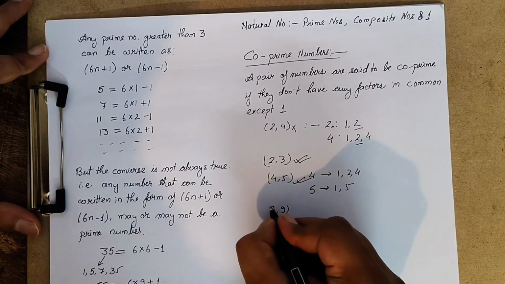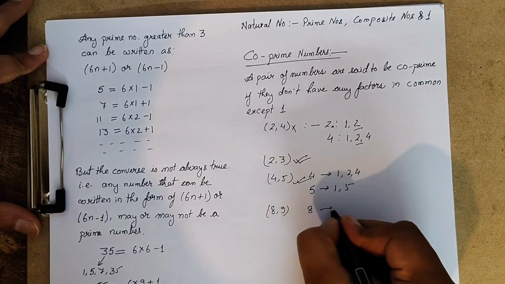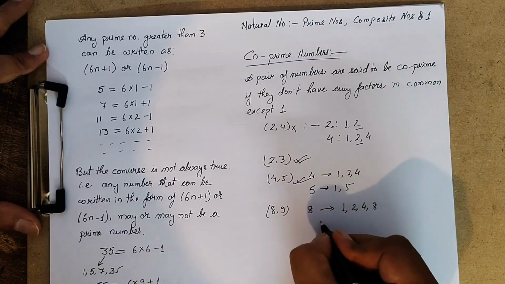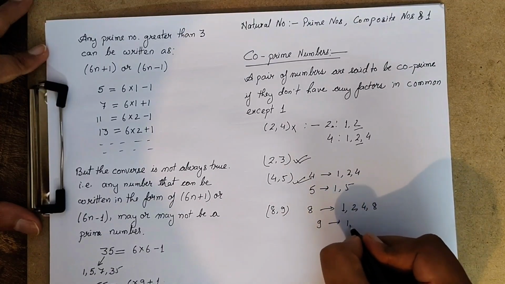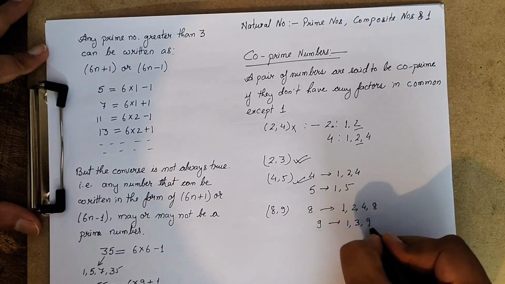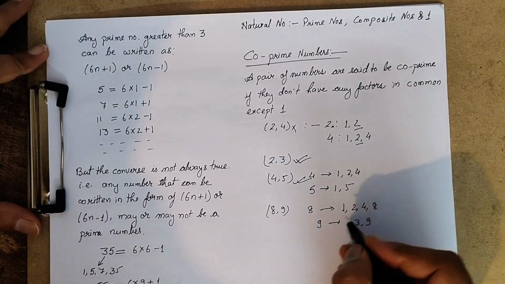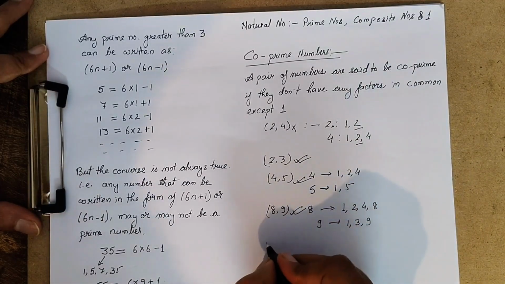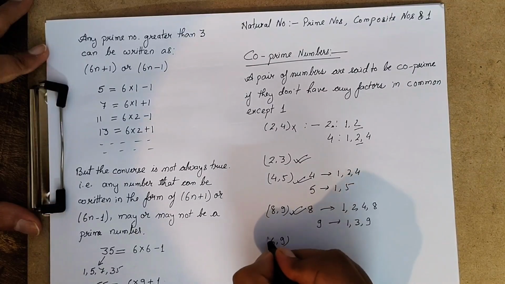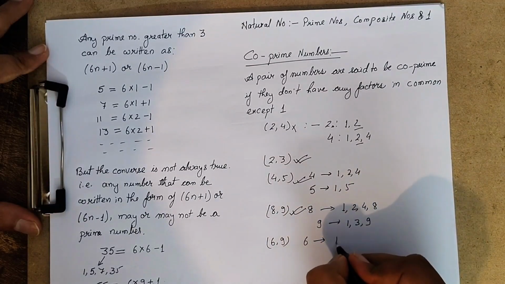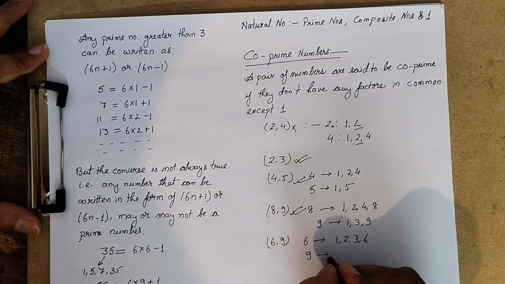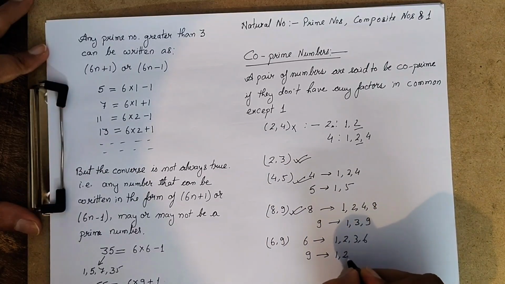8 and 9: the factors of 8 are 1, 2, 4 and 8, and the factors of 9 are 1, 3 and 9. They don't have any factors in common except 1, hence they are co-prime. 6 and 9: the factors of 6 are 1, 2, 3 and 6, and the factors of 9 are 1, 3 and 9.